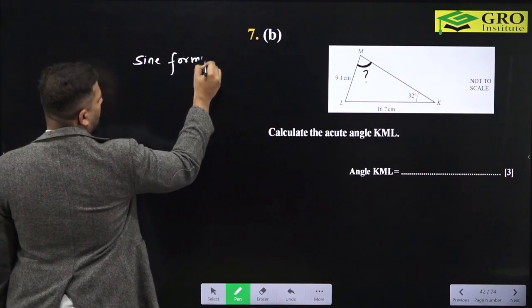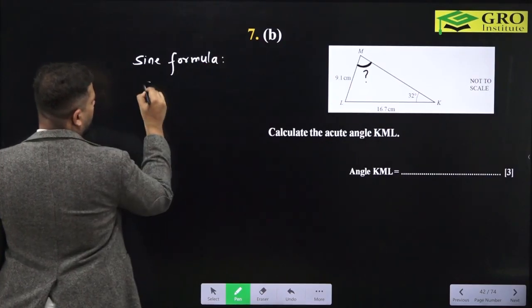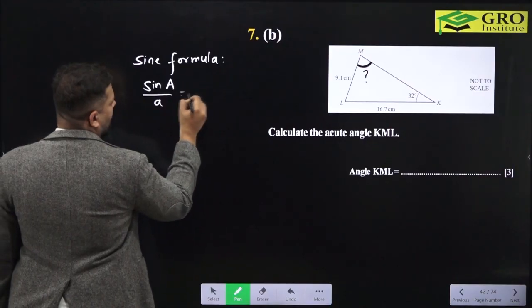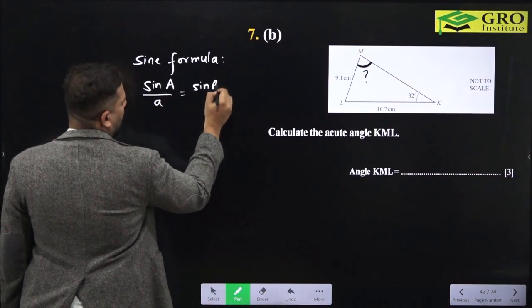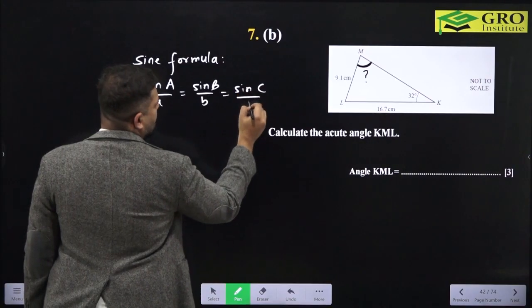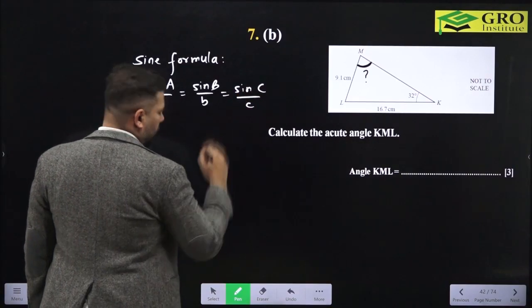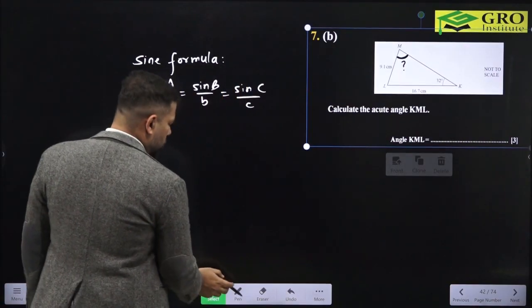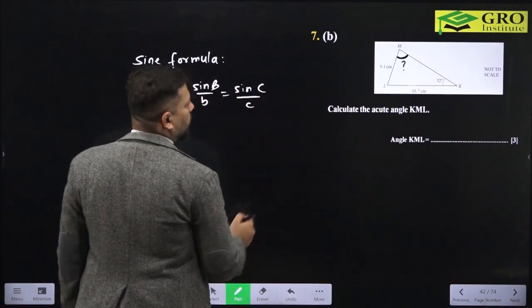We know that sin A upon a equals sin B upon b equals sin C upon c. So we are going to use this formula to get the value of m.